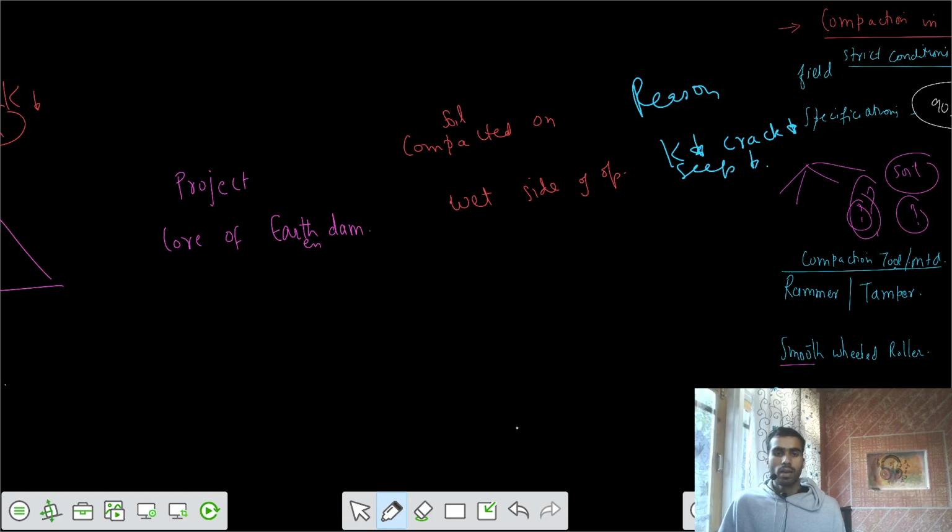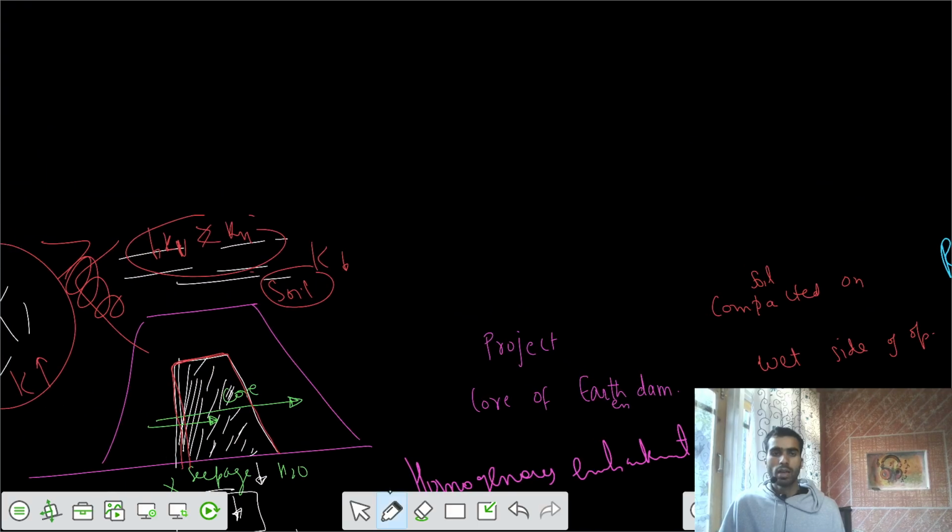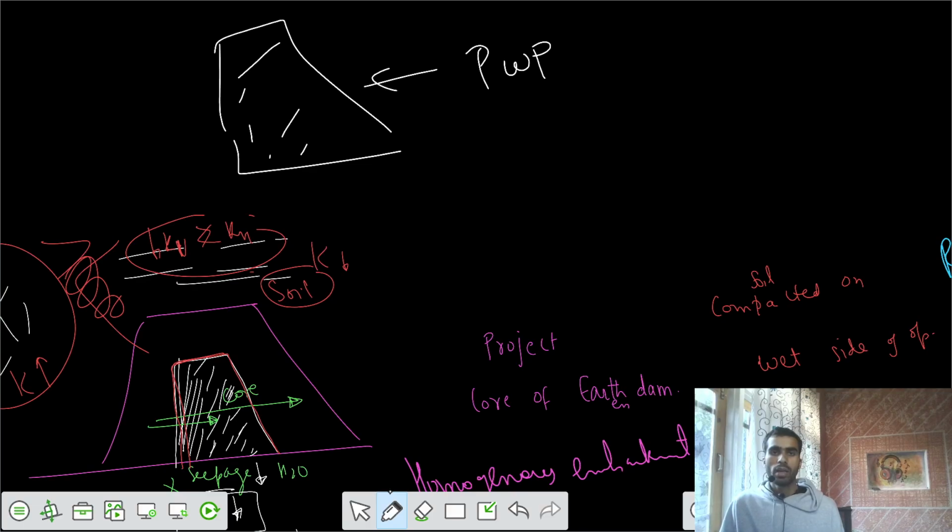Now let's say that our project is a homogeneous embankment. An embankment means it should retain something. Here, pore water pressure should not develop much, so we should prevent pore water pressure.